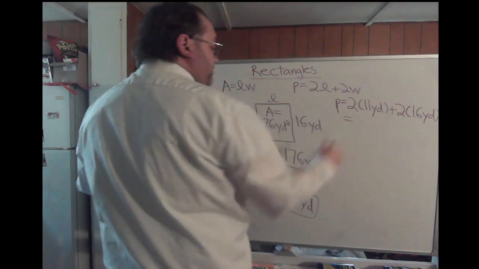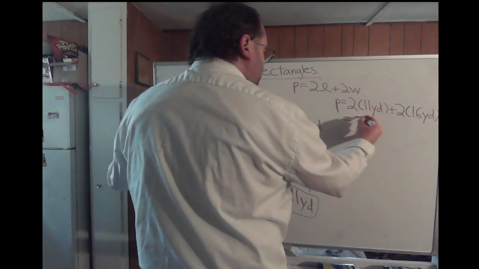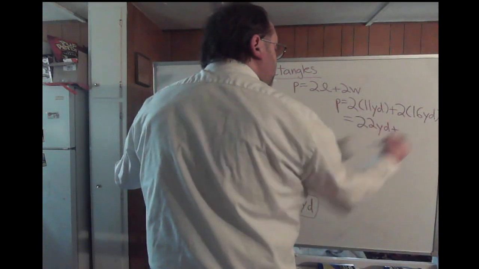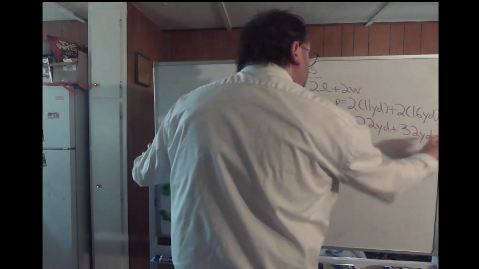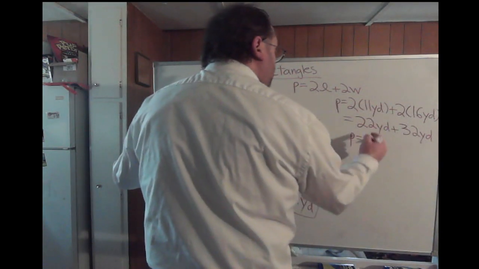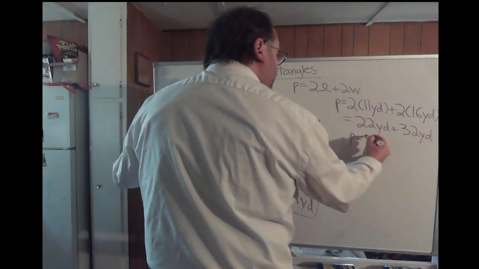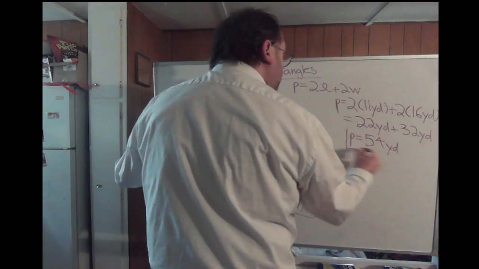So now with the order of operations, you'll do your multiplication first. You have 2 times 11, well that's 22 yards. Plus 2 times 16, well that's going to be 32 yards. So the perimeter is equal to 22 plus 32. That would end up being 54. So the perimeter would end up being 54 yards.